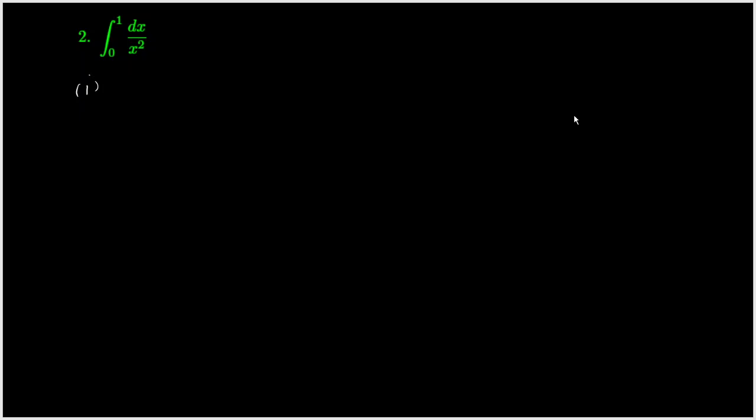So the first step, the function is undefined at 0. So the first step is to replace 0 with t. We evaluate the integral from t to 1. You have to make t slightly to the right of 0.